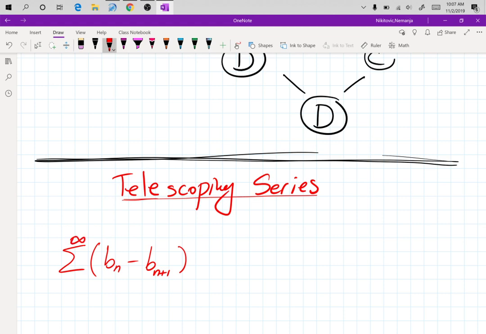And it doesn't matter where it starts. The only ones, technically 2, where it matters where they start are geometric and P series. You don't want P series starting at 0 because it's 1 over n, and that would be 1 over 0. If you look at the sheet that I gave you, row number 4 is P series.